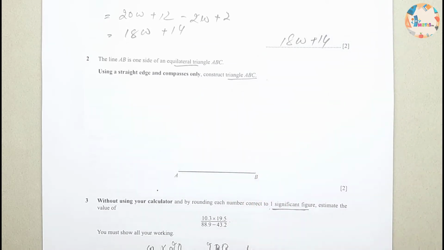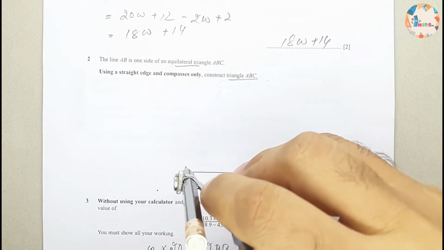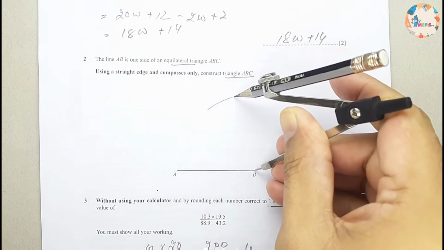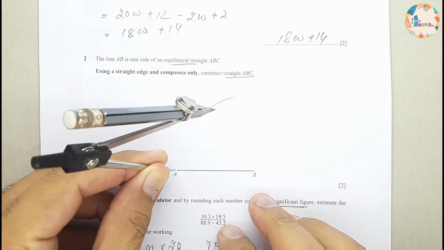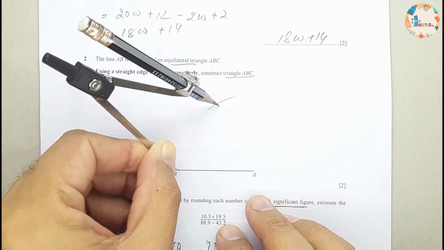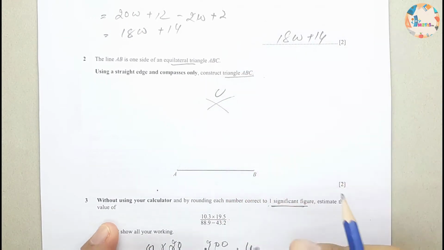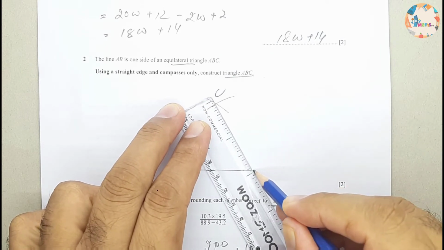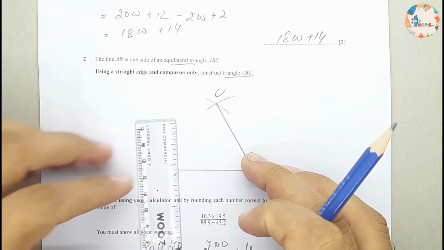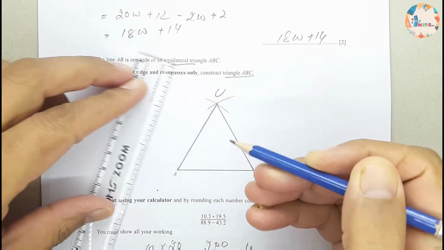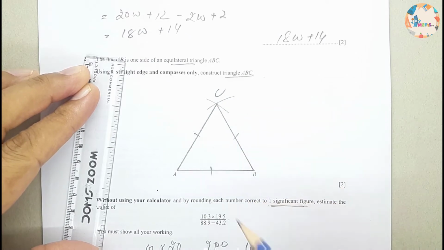So we have to construct the triangle. An equilateral triangle has all sides equal, so we will take the measurement from AB and make an arc like this, and another arc of the same length we will draw over here, and then we have to just join this point C. This is the C point which we got, and we have to join this point C with this one. So this will be our final equilateral triangle as required. So all these sides are equal.